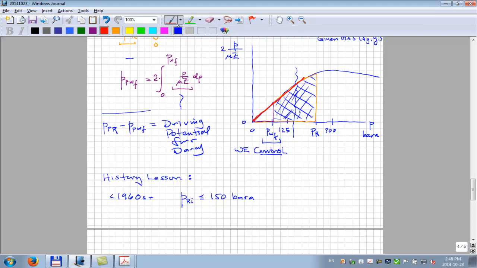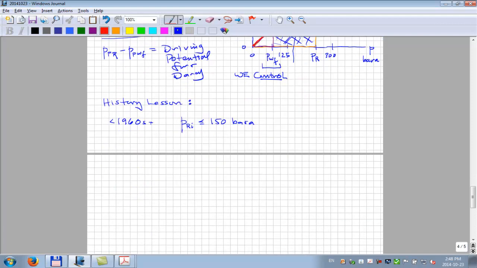And so when it's a straight line, things get easier. So P over mu z is equal to some slope m times pressure. Goes through 0, 0. It's just very simple.